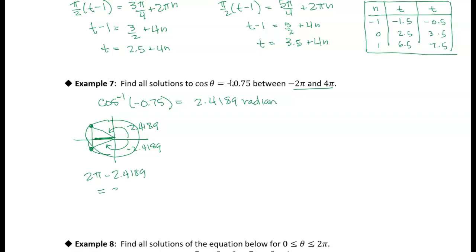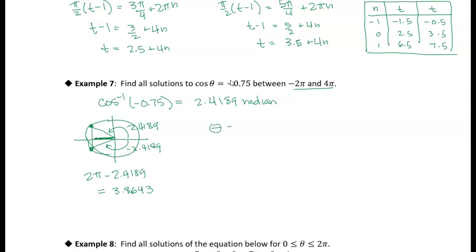If I do that, I get 3.8643. All right. So once I have that, that's the only place where the cosine is going to be negative 0.75. Okay. So all I want to do is find angles that are coterminal with those.